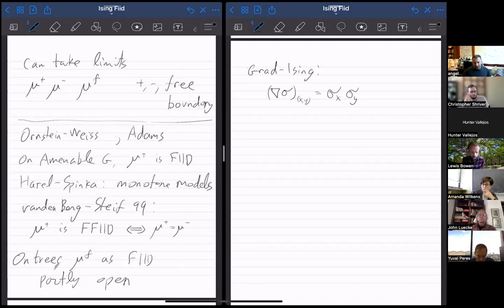And this model is not monotone, so you can't use some of the tools that are for general monotone models. However, there is a theorem of Ray and Spinka saying that on Z^d, the gradient Ising is a finite factor of IID at any beta.